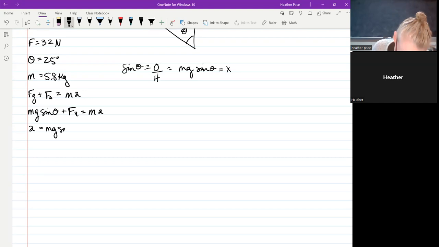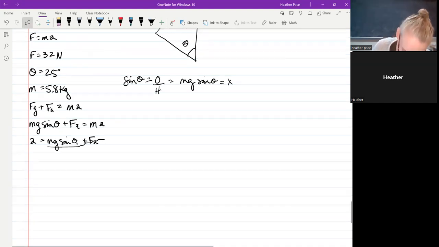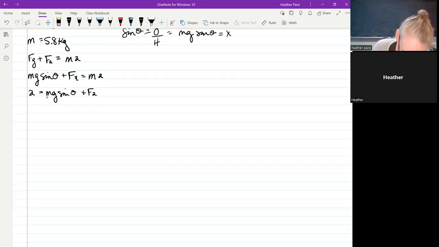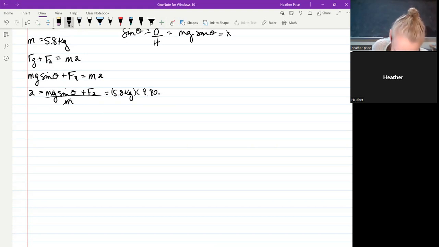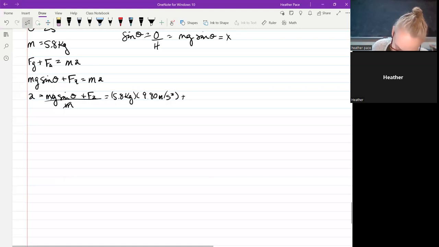Mg sine theta plus the applied force, divided by m. Plug in what we've got, 5.8 kilograms. You actually don't have to do this, you can cancel those two out and redraw it a little bit, but I'm just going to write it out because this is how I've drawn it.